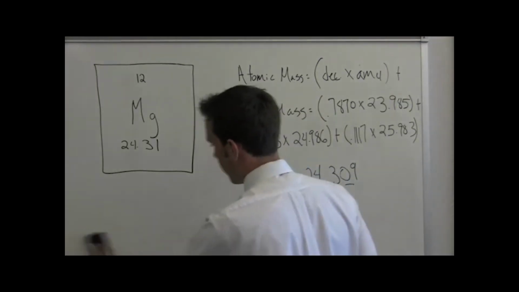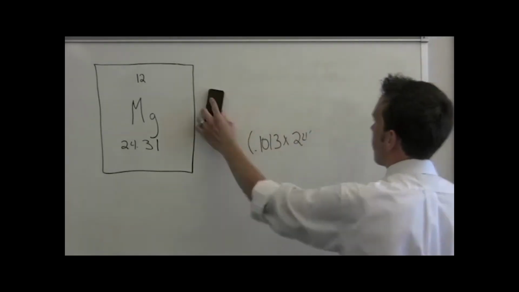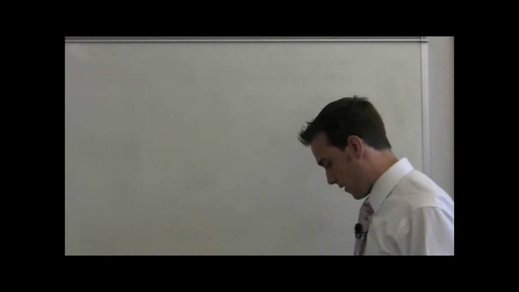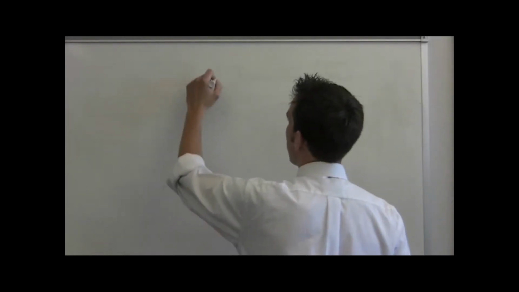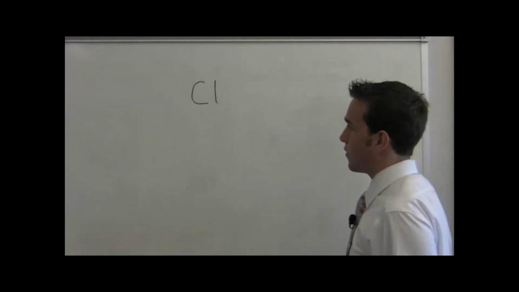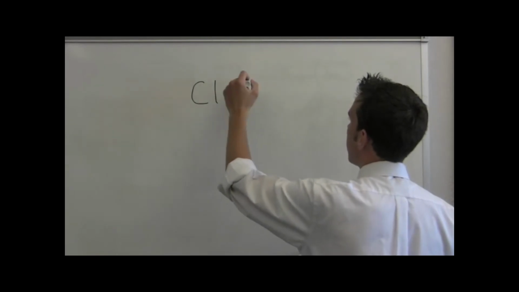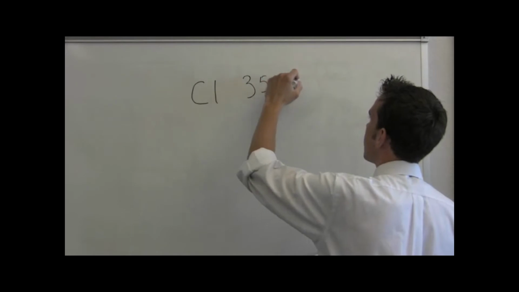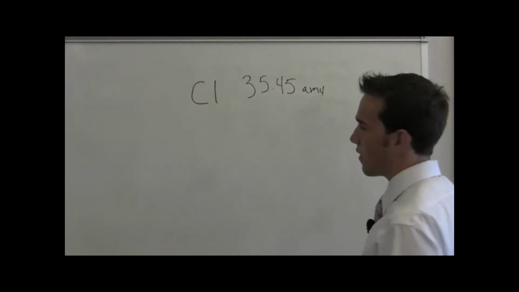If you saw a problem that looked like this, dealing with chlorine, Cl, if you looked at the periodic table and knew that chlorine has an atomic mass of 35.45 AMU, you'd be able to start there.